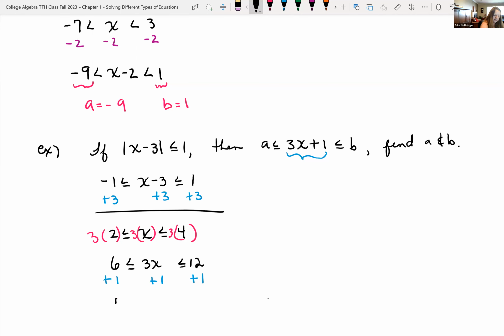So 6 plus 1 is 7, is less than or equal to 3x plus 1, they're not like terms, so we just write it as the sum, is less than or equal to 12 plus 1, which is 13. So in this case, a has to be 7, and b would have to equal 13.